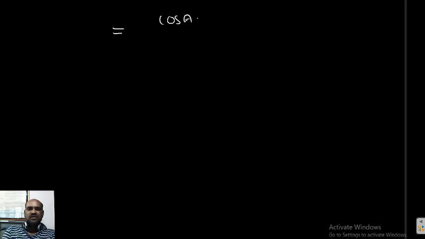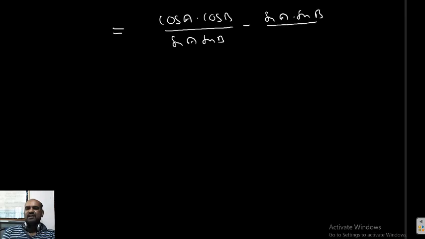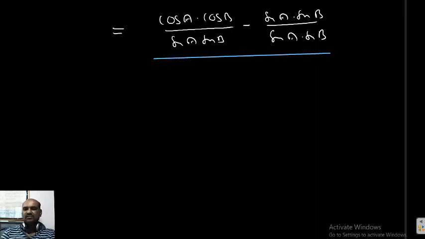Cos A cos B by sin A sin B minus sin A sin B by sin A sin B. Numerator completed.